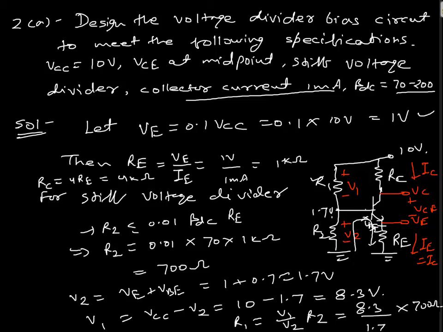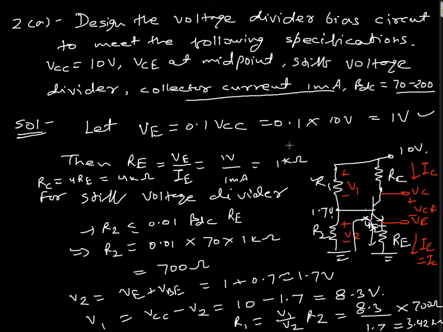So the answer we are getting is 3.42 kilo ohm. 3.42 kilo ohm is the value of R1. Okay, so with this, the design is completed. Again, please verify the calculations by yourself. I hope you understood how to solve this kind of problem.